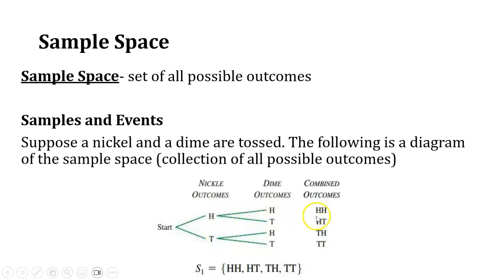So then we have either both are heads, or one's heads, one's tails. And then if the nickel was a tails at first, and then we flipped the dime, then we had tails heads, or tails tails. So here's the sample space of all of our outcomes for flipping coins.